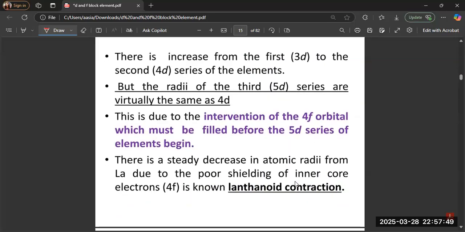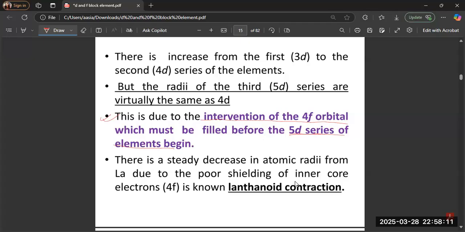Why is it so? It is due to the intervention of the 4f orbital, which must be filled before the 5d series of elements begins.